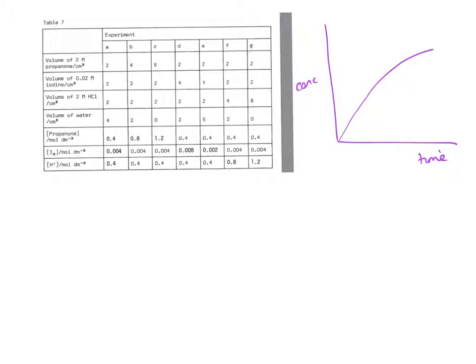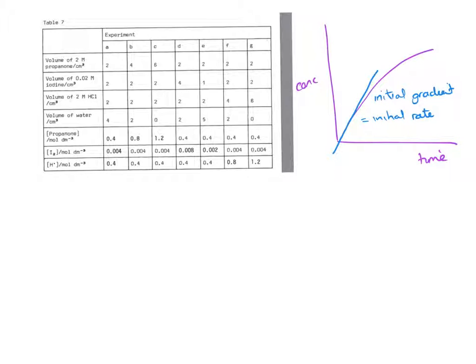That is going to allow you to work out your order of reaction. Your initial rate is going to be the initial gradient. So for each one, you're going to work out an initial gradient which is equal to the initial rate.